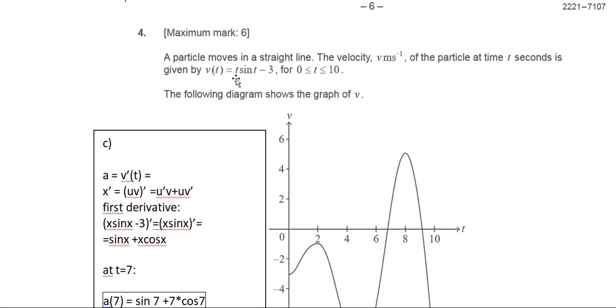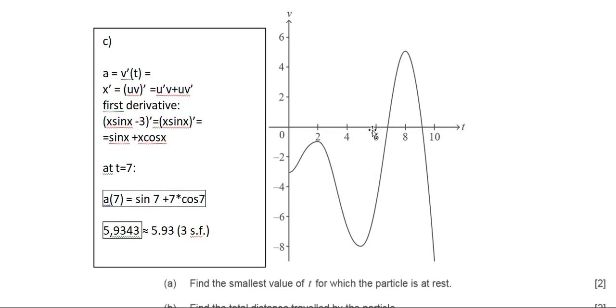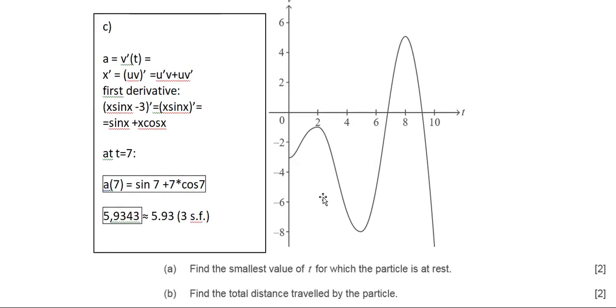Question 4. A particle moves in a straight line. The velocity of the particle at time t seconds is given by this formula. The following diagram shows the graph of v. Find the smallest value of t for which the particle is at rest. So we need to find this zero of the function.